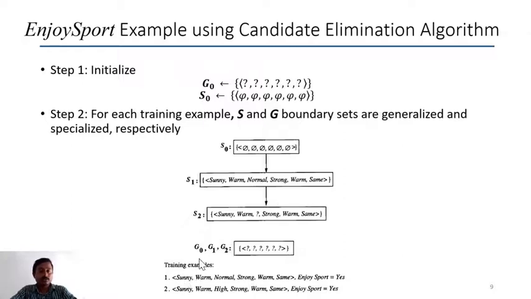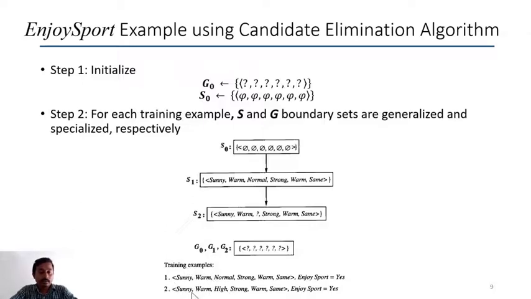Now G0, which is the tuple of question marks, is consistent with this example, right? Any value is possible, so it covers that example. So G1 will be equal to G0. There is no change in the general boundary set. Now we will consider the second training example.